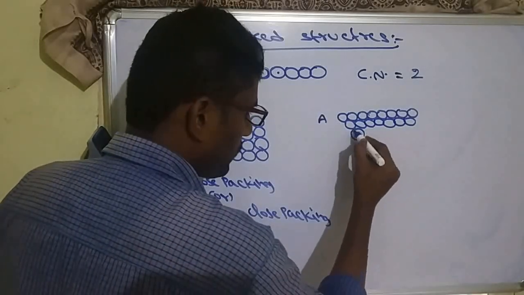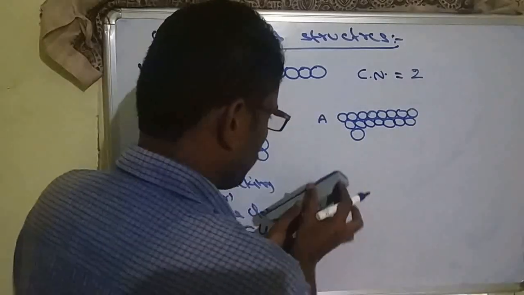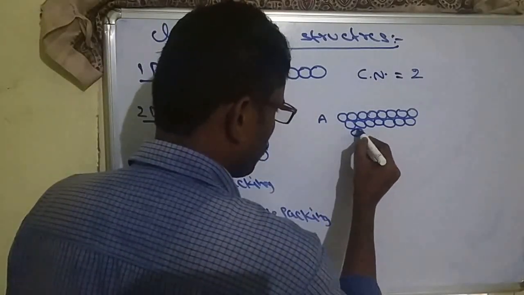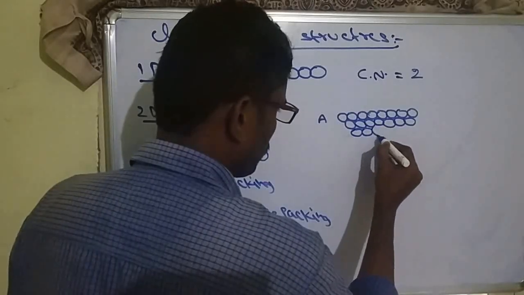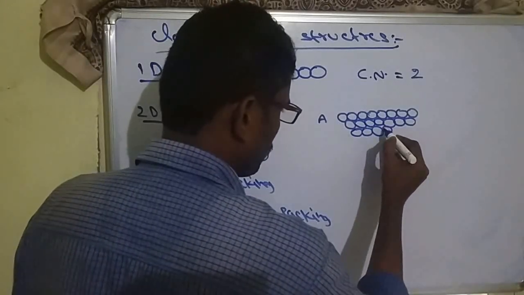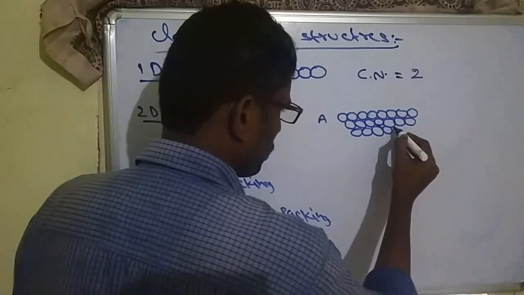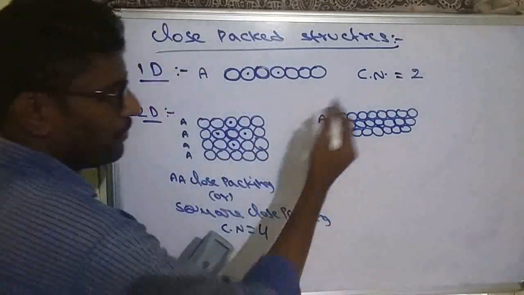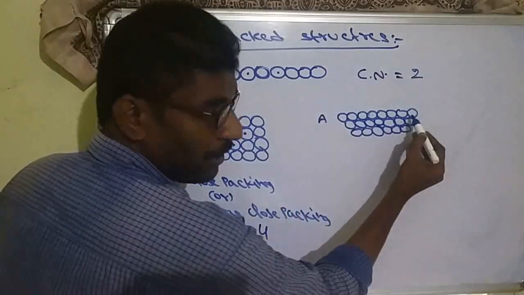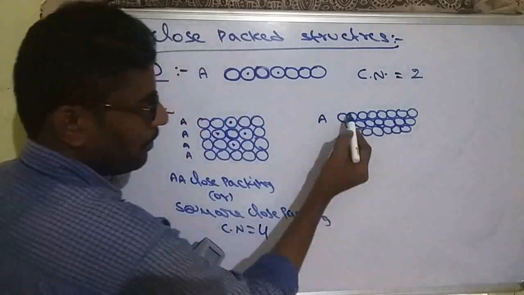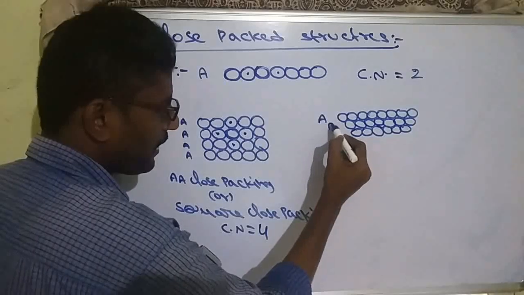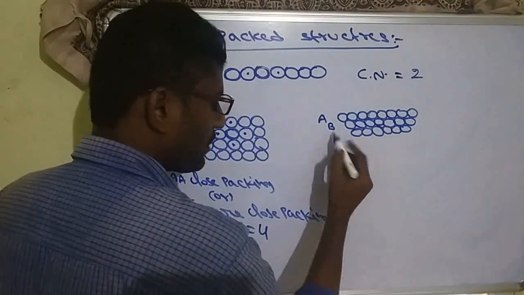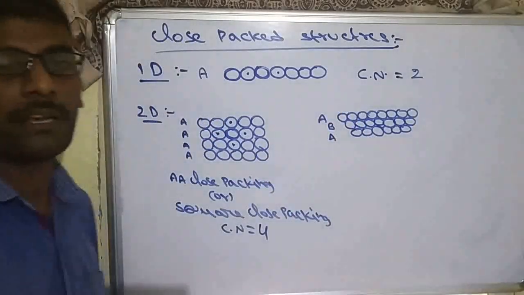Again, below these two spheres, I am writing another. So this is a one-dimensional structure, and this is also one-dimensional, but both are different. That's why the second one we take as B. The third one is again similar to the first, so again we write it as A.